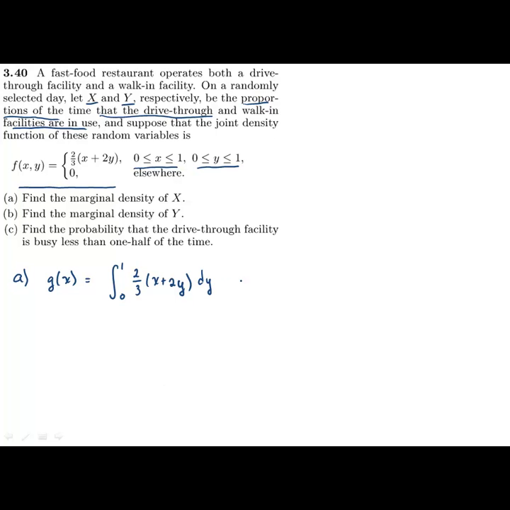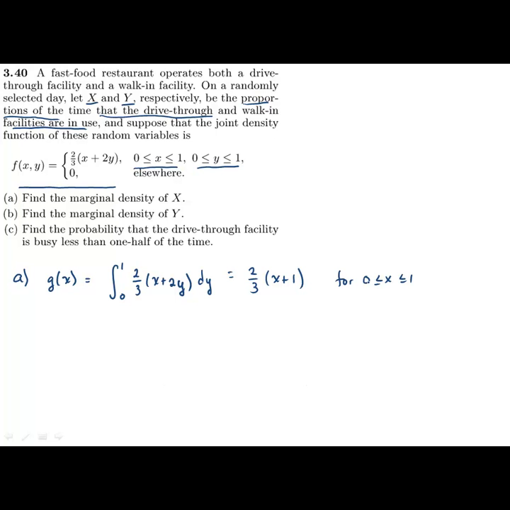Correct. Everybody's following. So we want the marginal of x. We integrate with respect to y, and we use the range corresponding to y, which is, in this case, both are the same, but for y it is from 0 to 1. So if you solve this integral, you get 2 over 3 (x plus 1), and this is for x within 0 and 1.